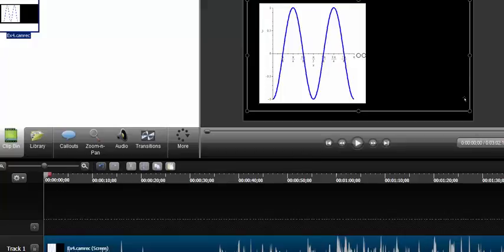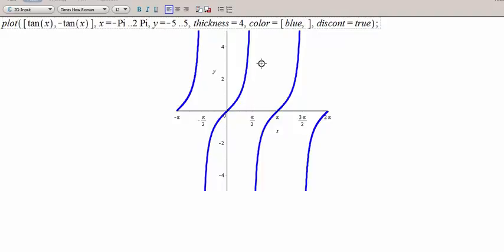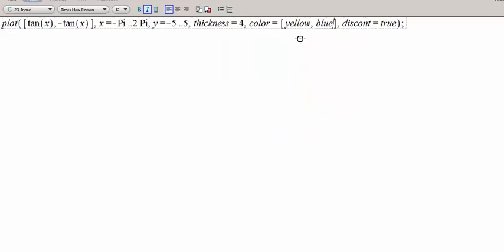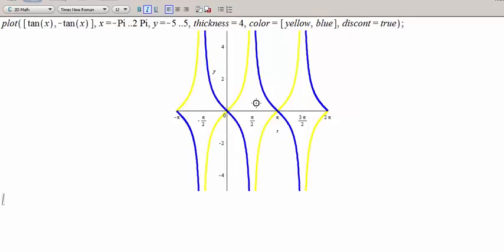Let's just make the original yellow, because that's what it was, and now the next one blue. So the original graph is the yellow one coming through here. Its reflection is the blue graph.